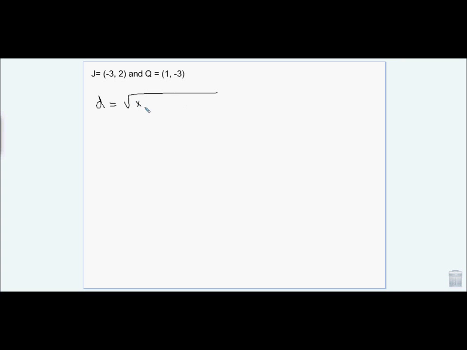So x minus x squared, y minus y squared. So I have the square root of negative 3 minus 1 squared plus 2 minus negative 3 squared.